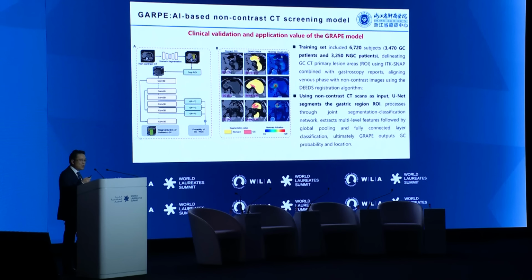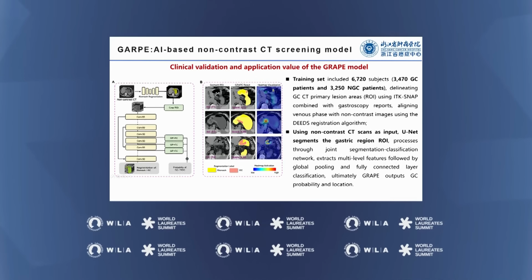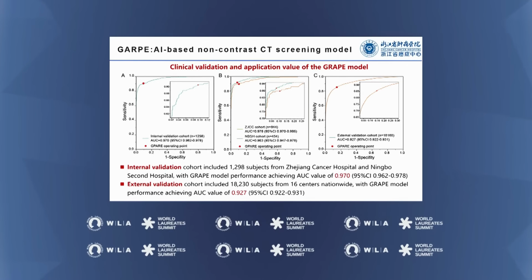And then my group worked together with Damo Lab from Alibaba to build the GRAB model. And then we started the clinical validation and application value assessment of the GRAB model.